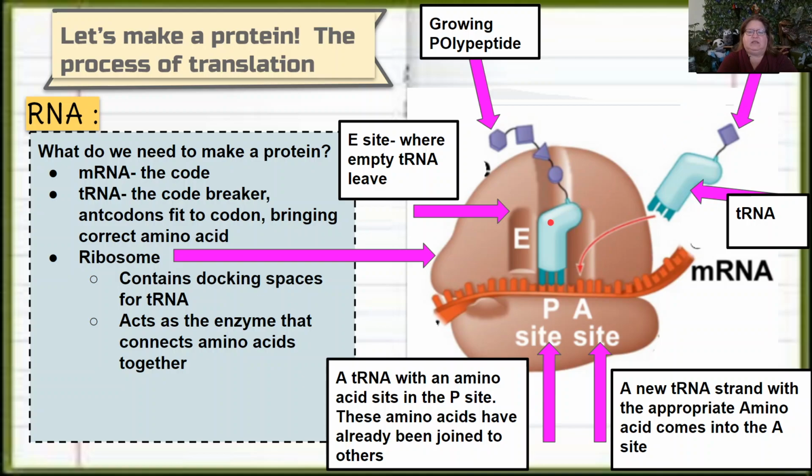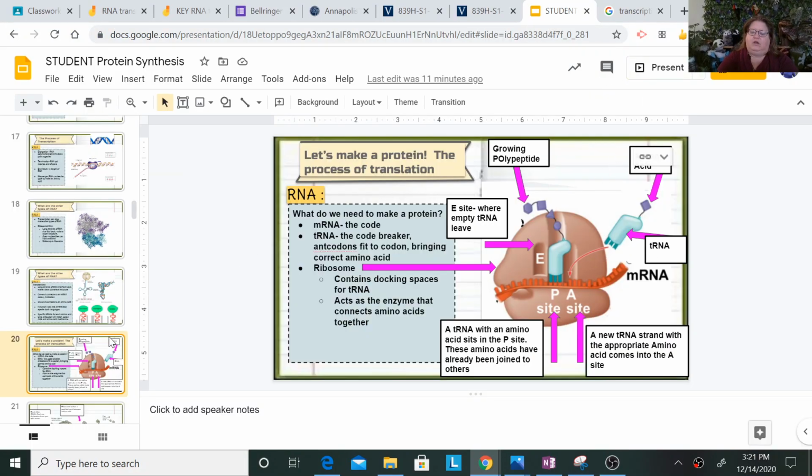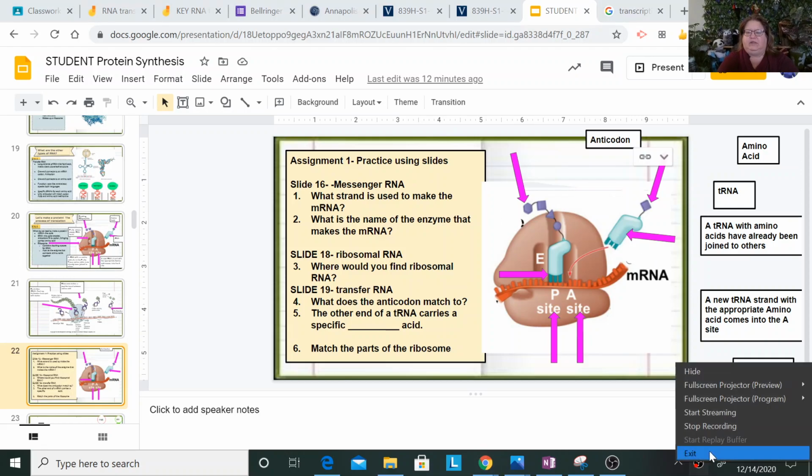And then the E site is when empty tRNA exits. And so that's why we call it the E site, the exit site. All right, so that's going to take us to our first practice on slide 22. So you guys can practice looking at your slides and labeling the diagram.